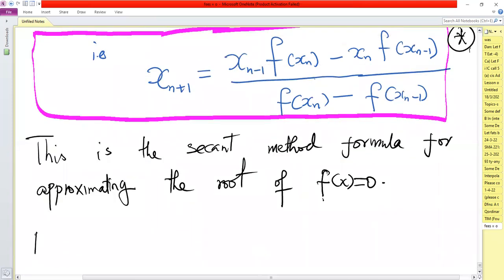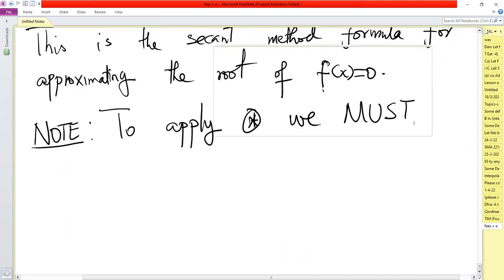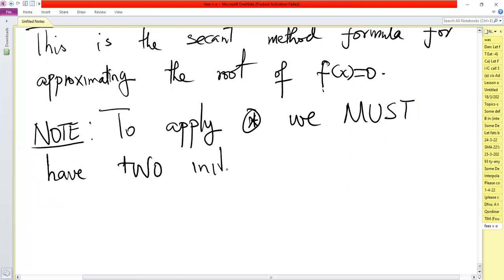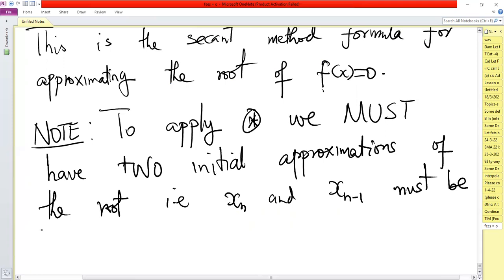So note, to apply this star, we must have two initial approximations of the root, i.e. xn and xn minus 1 must be given.